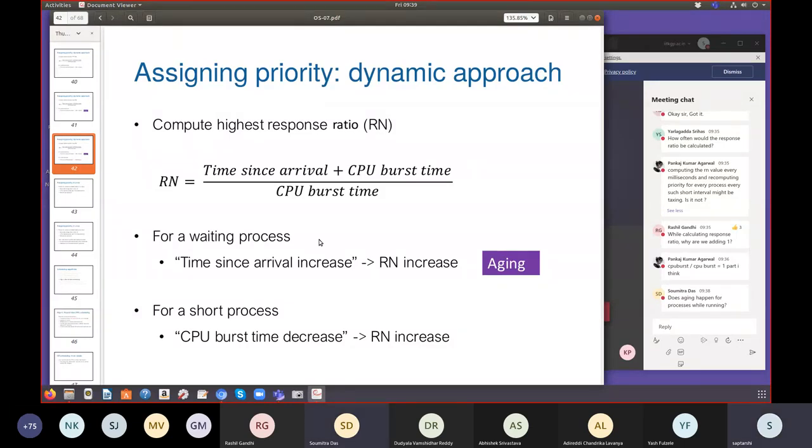No, of course, for every process, time since arrival is kept a note of. Most of the processes will possibly get the CPU and complete. But maybe there are a couple of processes which were not given the CPU for a long time, and therefore they are waiting for a long time. For them, this matters and the RN increases. But in general, this mechanism is carried out for all processes.